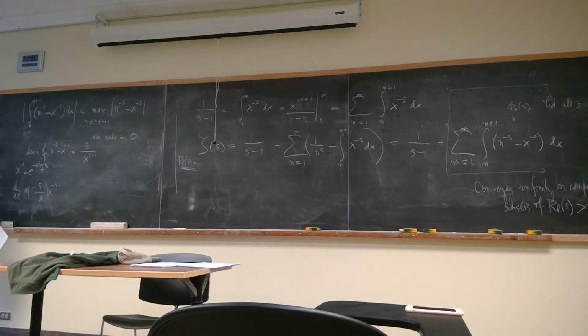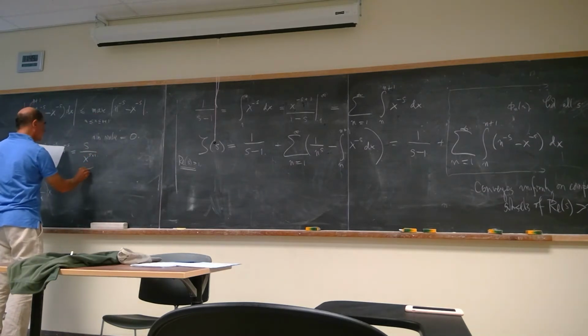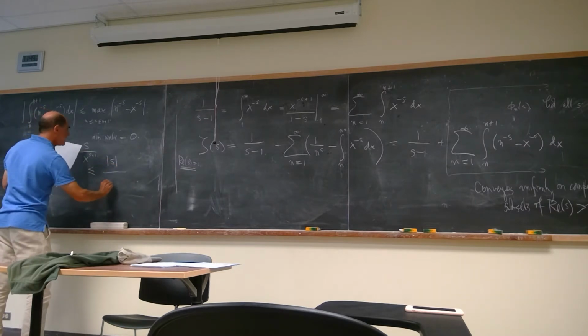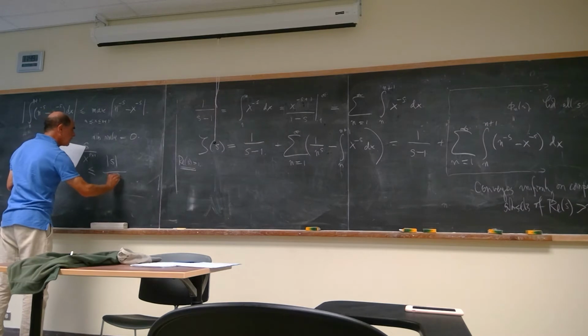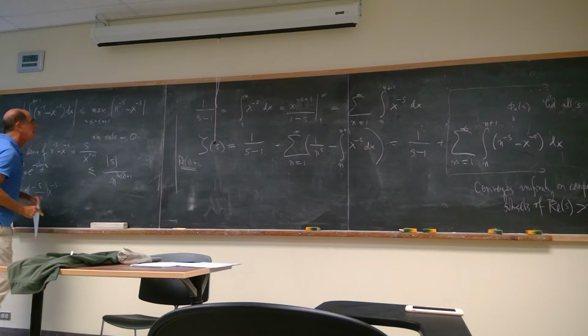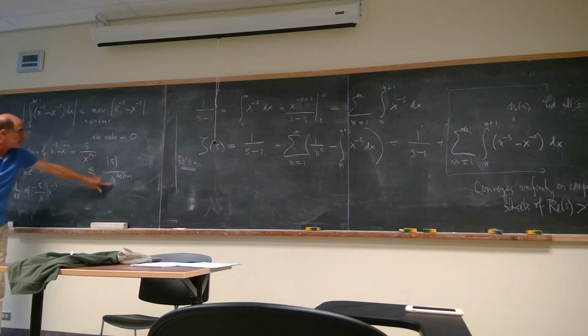So you get a higher power of x, and consequently the maximum value of this is less than or equal to the maximum value of s on the interval divided by n to the real part of s plus 1, because the largest value is obtained when x is equal to n. As x gets larger, this gets smaller. When you take the absolute value, you just get the real part of s plus 1.